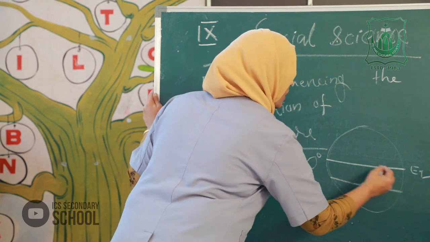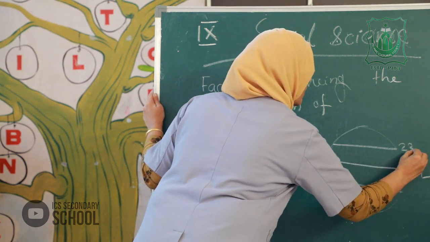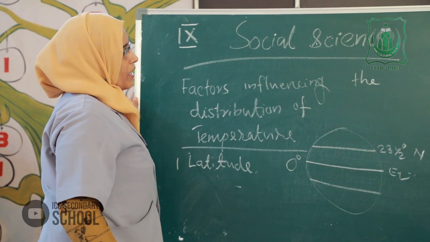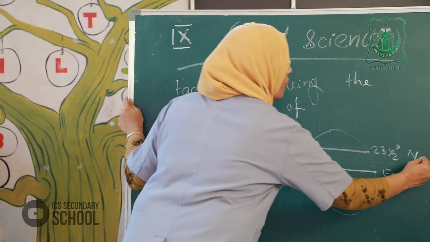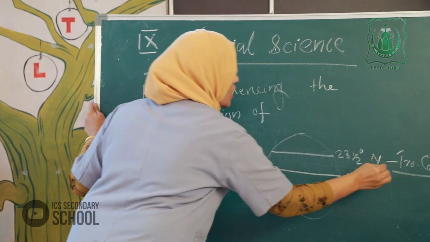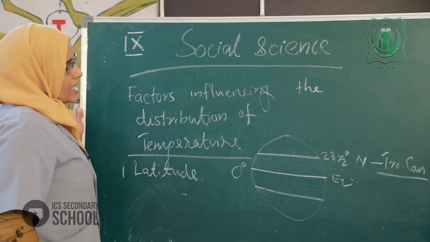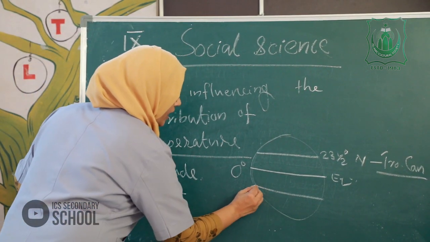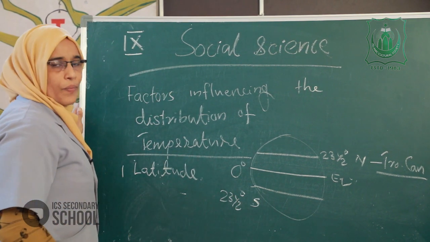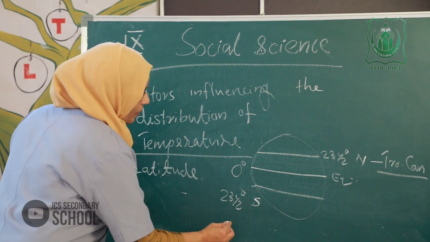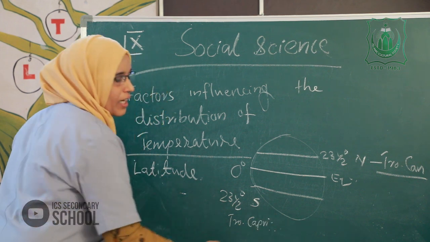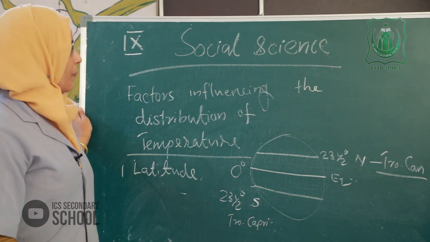Then 23 and a half north is the Tropic of Cancer. Then 23 and a half south is the Tropic of Capricorn.